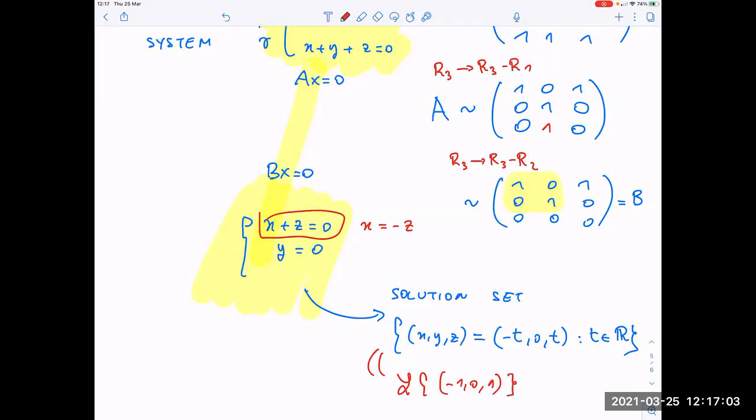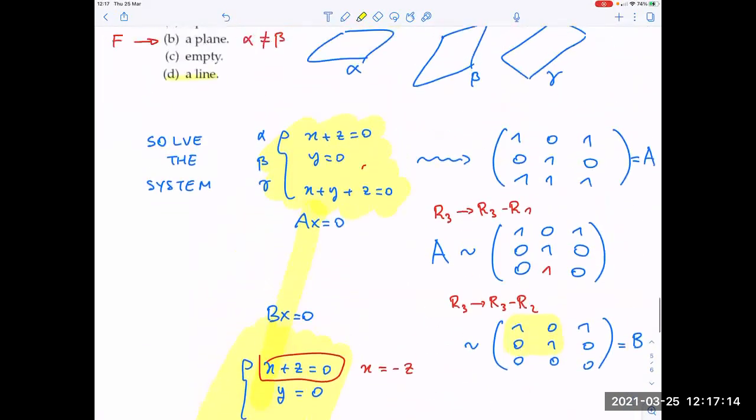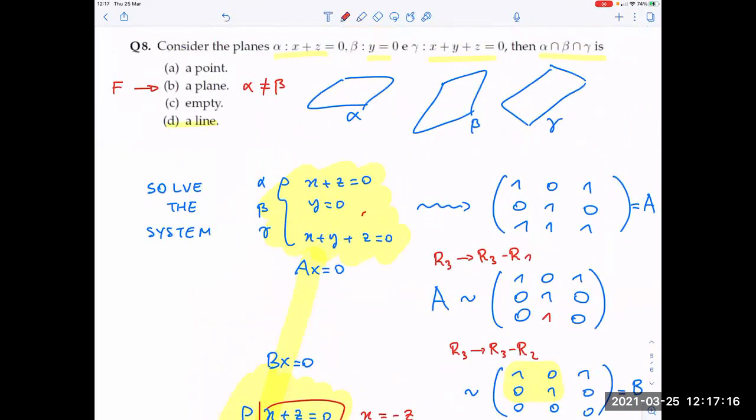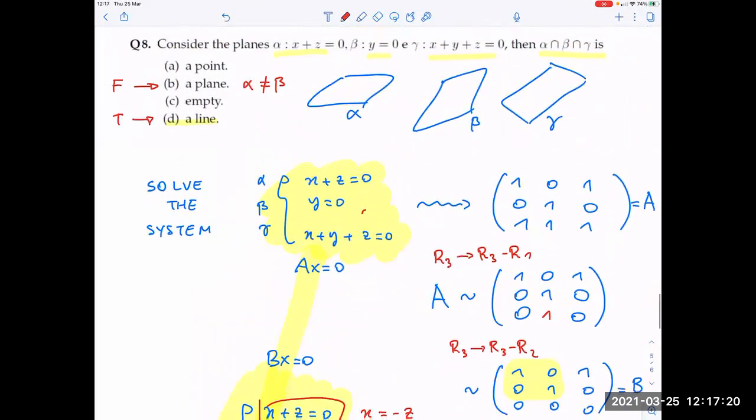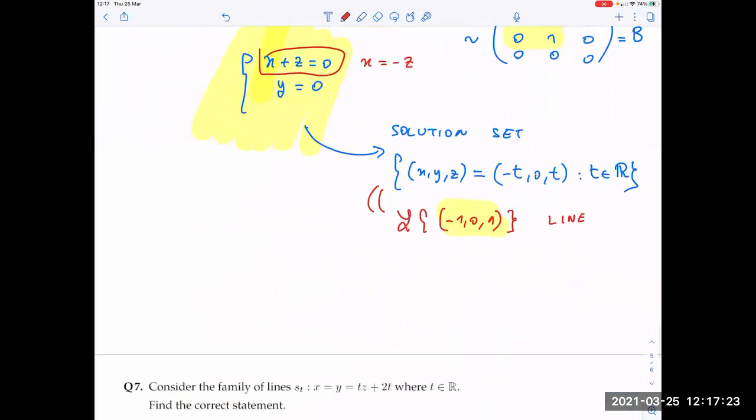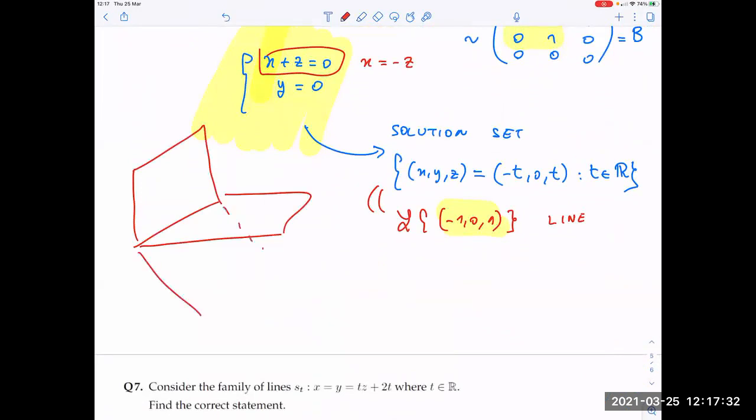From a geometrical point of view, what is this? It is a line. A line through the origin with direction vector, which you saw here. And so this is true. Geometrically, how is the picture? Well, the picture is simply like this. There are 3 planes which have exactly one line in common.